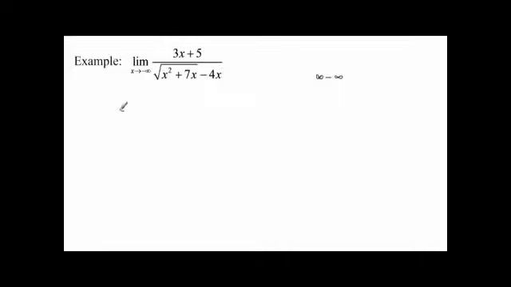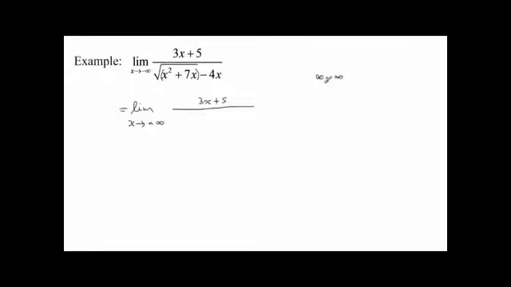We're going to extract a common factor within these two terms. Then we'll write this as follows: limit as x is going to minus infinity of this kind of expression, 3x plus 5.